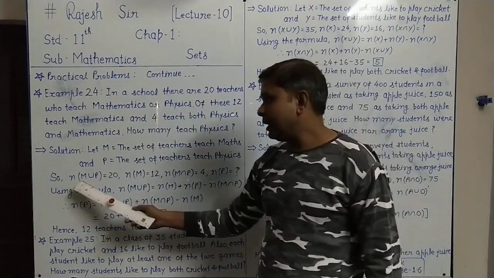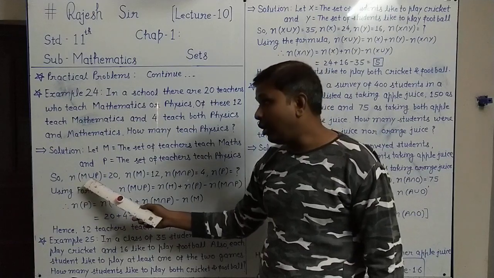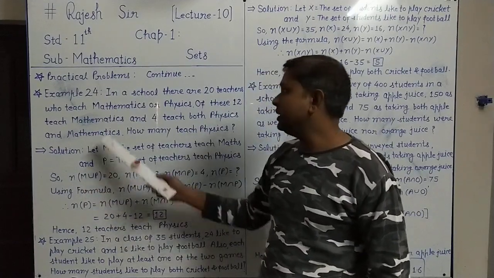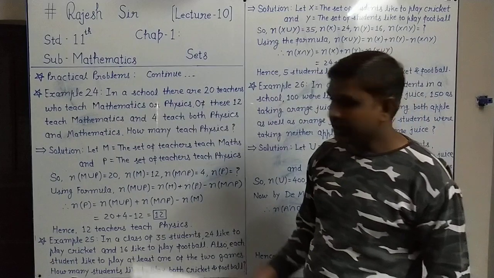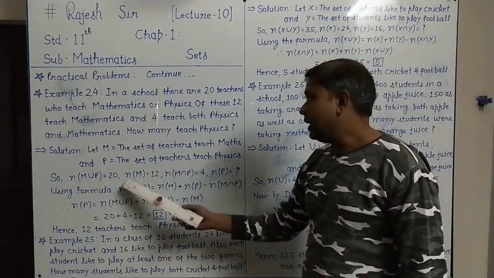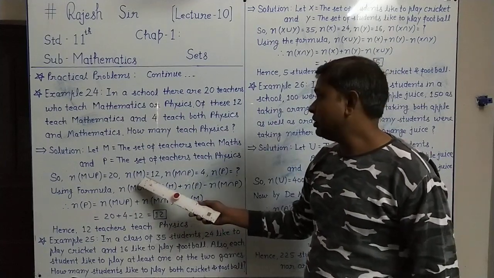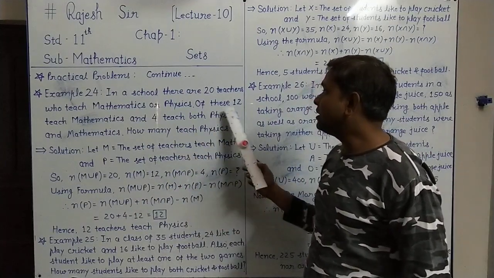By symbolic way we are writing the data. n(M) shows the number of teachers teaching maths, which is 12.